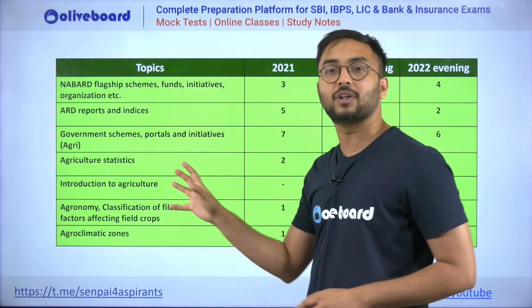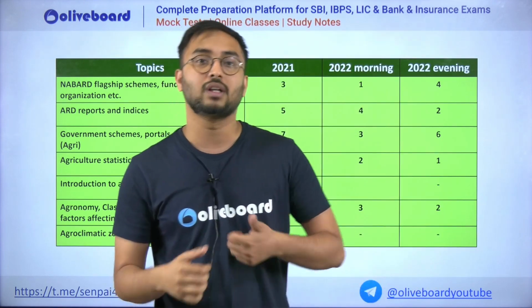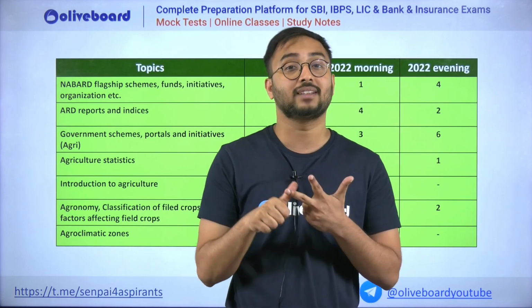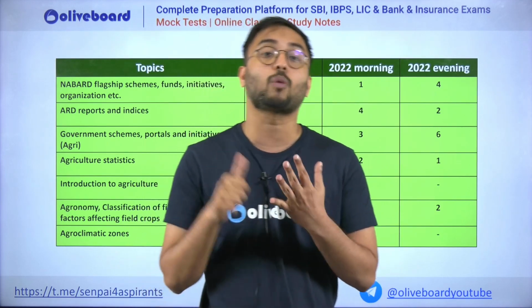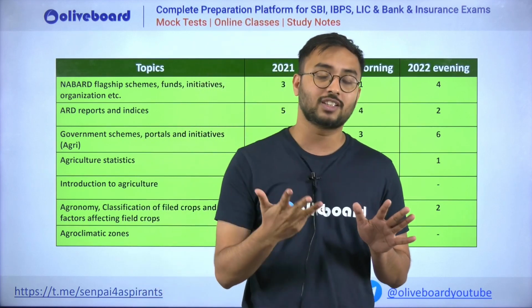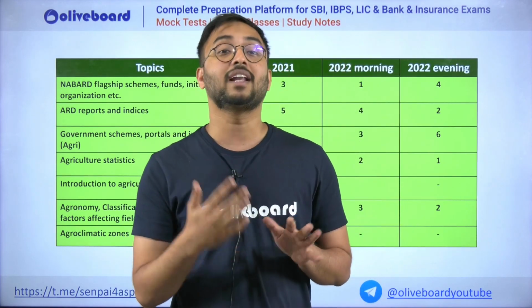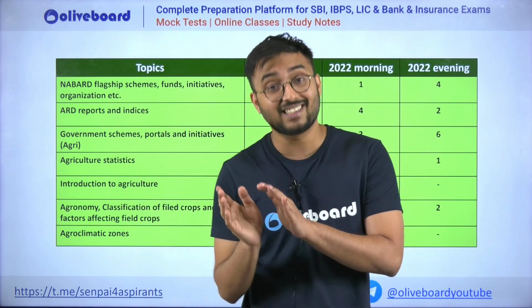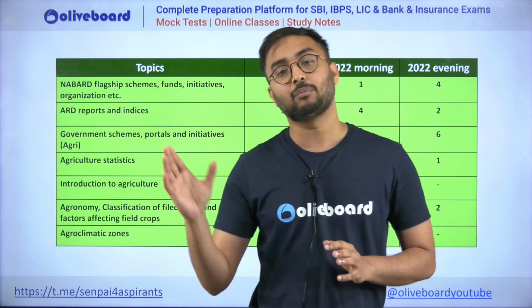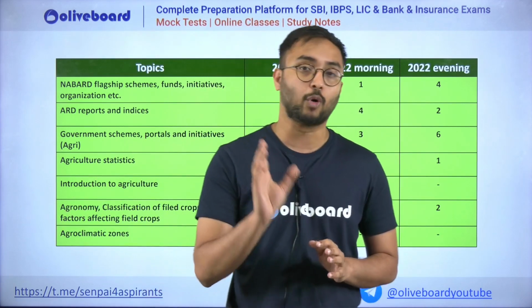The main chapters in the static section are agronomy, field crops, farming system, cropping pattern, soil, animal husbandry, fisheries, horticulture and plantation, forestry, seeds, agricultural engineering and mechanization. Rural development and Panchayati Raj is also an important chapter.